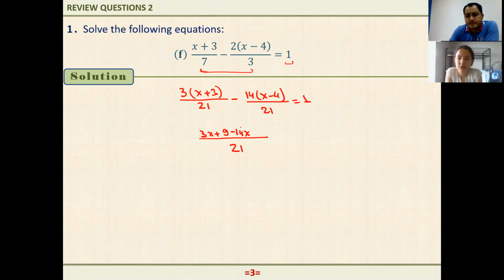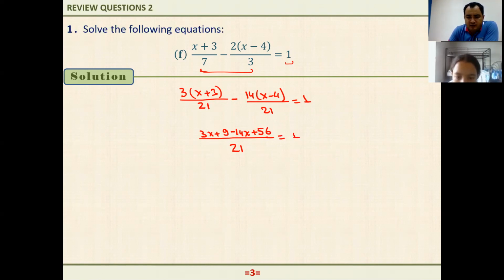Negative times negative is positive. 4 times 4 is 16. 4 times 10 is 40. 40 plus 16, 56. On the right-hand side, we have 1.